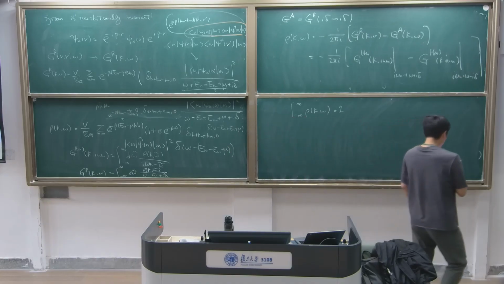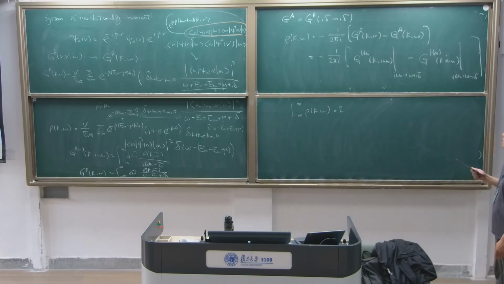Sorry, I just got confused. How do you show this? I just want to show it from here. But I got confused.